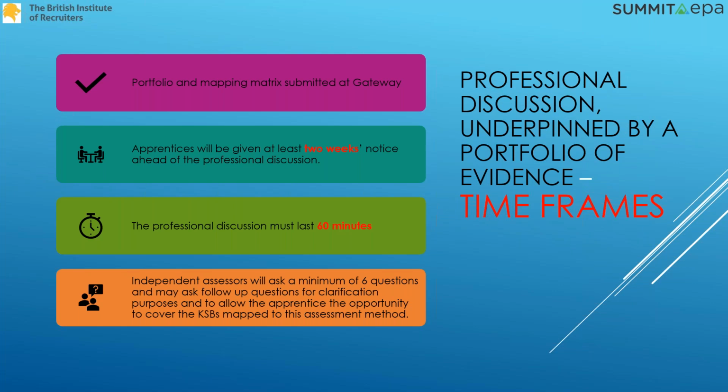So that's the 20 pieces of discrete evidence, and the mapping matrix that we will supply to you that will say the content, where it is, and the authenticity. Once they've entered Gateway, they have a period of 5 months to complete the endpoint assessment. Apprentices will be given 2 weeks notice ahead of their professional discussion.